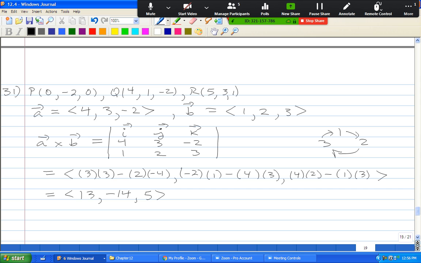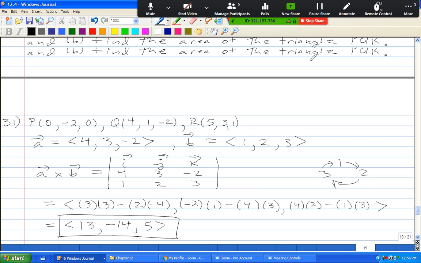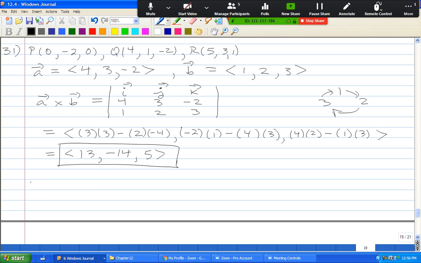And so that is a vector that is perpendicular, orthogonal to the plane. Okay. And I forgot, find the area of the triangle. Oh, so let's find the area of this triangle. So that was part A. Let me do part B.